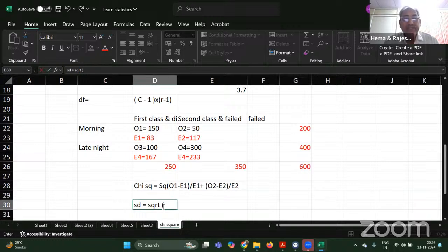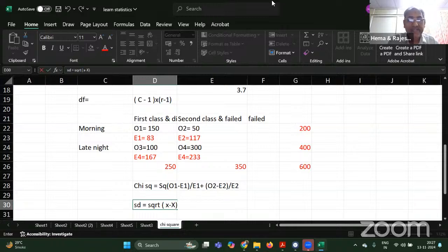At that time we were doing a square of each cell, x minus x bar, that is the mean, right?